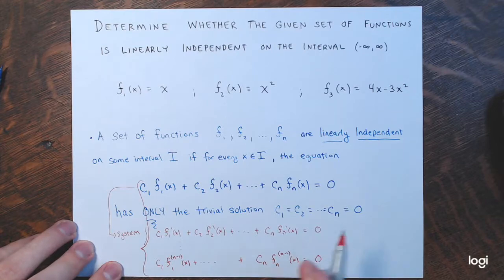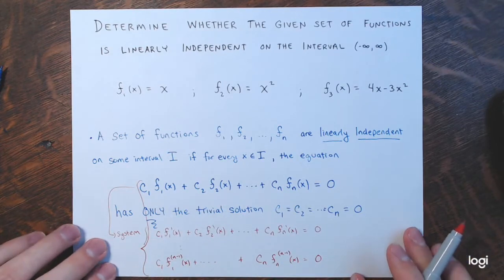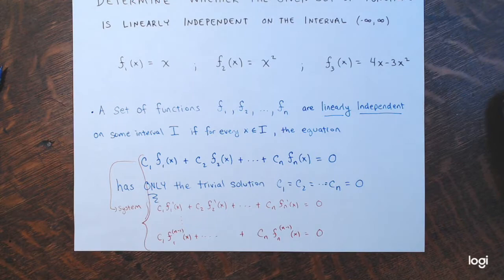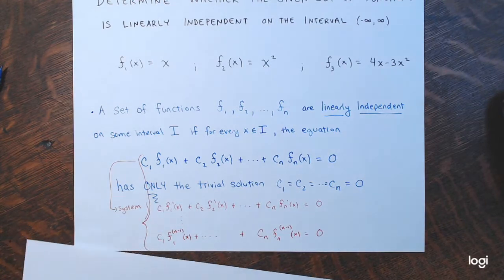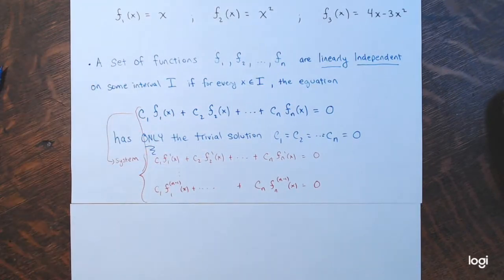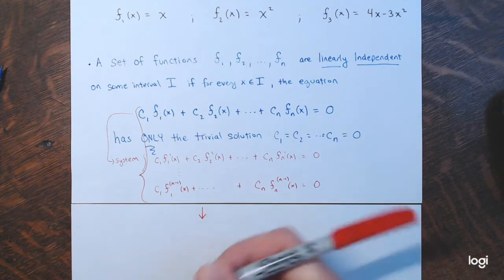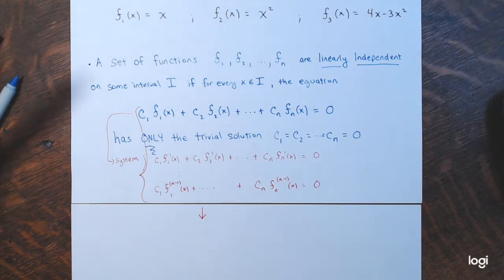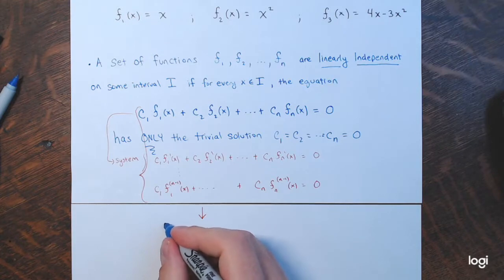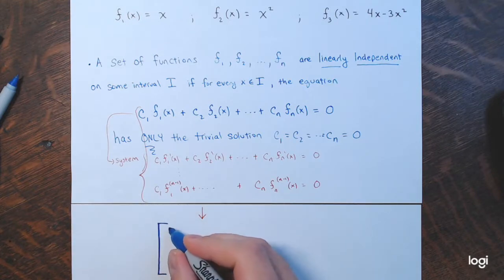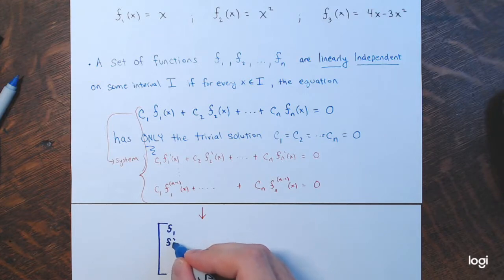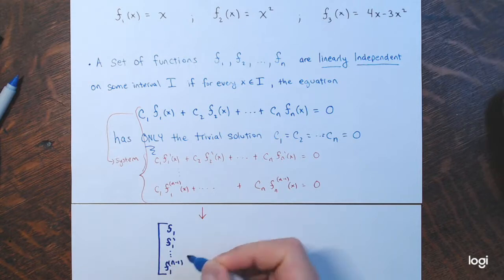And then we have this system here, which I can write as a matrix equation this way. We'd have the matrix involving all the functions and their derivatives, so f1, f1 prime, all the way down to the n minus first derivative of f1.